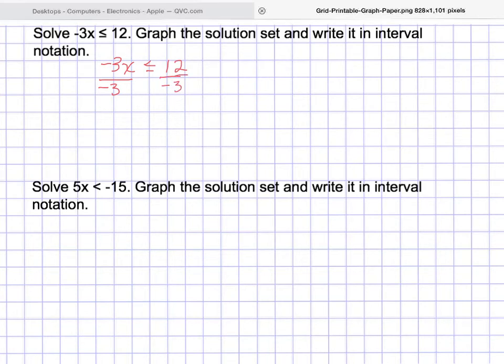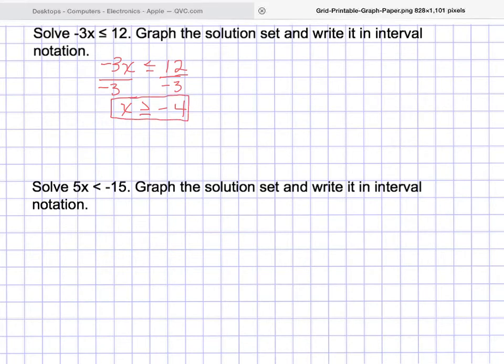Immediately, you should change the direction of your sign before you forget, because you just divided by a negative number. Now, this is only for inequalities. So we've just solved it.